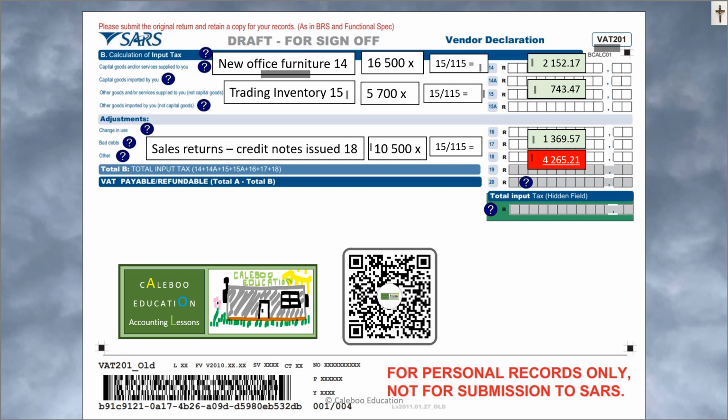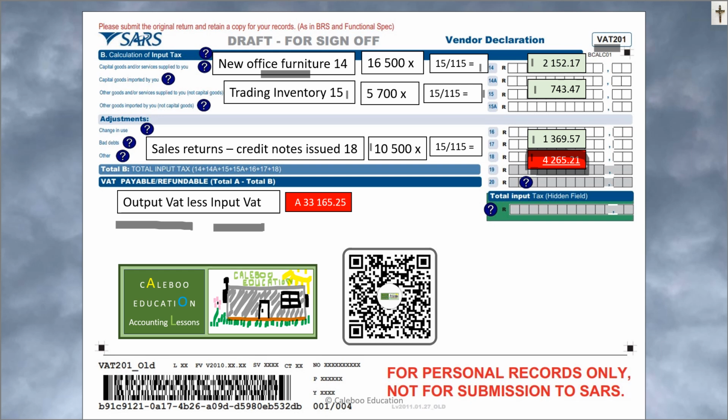So we have three input VAT amounts. We need to total them up, and the total input VAT for the 2 months is 4,265.21. Now what we need to do next, we need to get the output VAT amount and subtract the input VAT amount from the previous page.